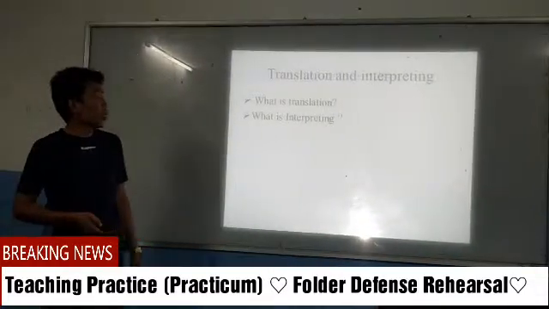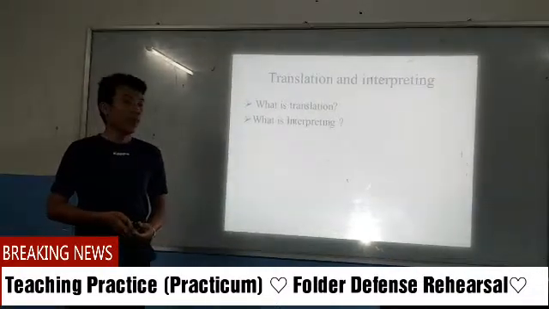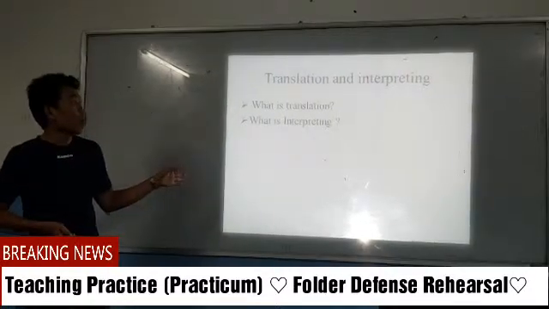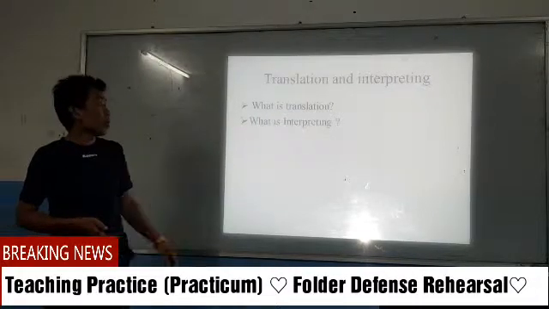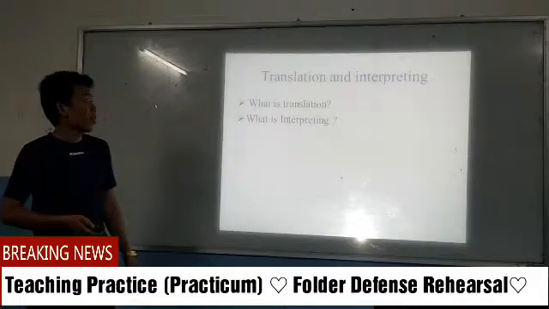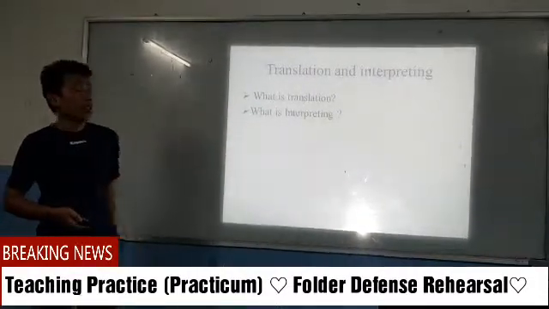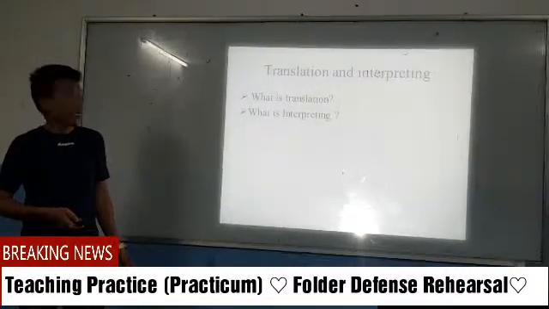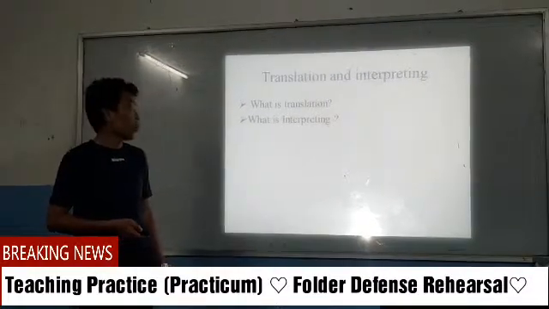Next is translation and interpreting. There are 2 parts in this one. Number 1 is what is translation, and number 2, what is interpreting. There are 2 kinds of translation: human translation and machine translation.